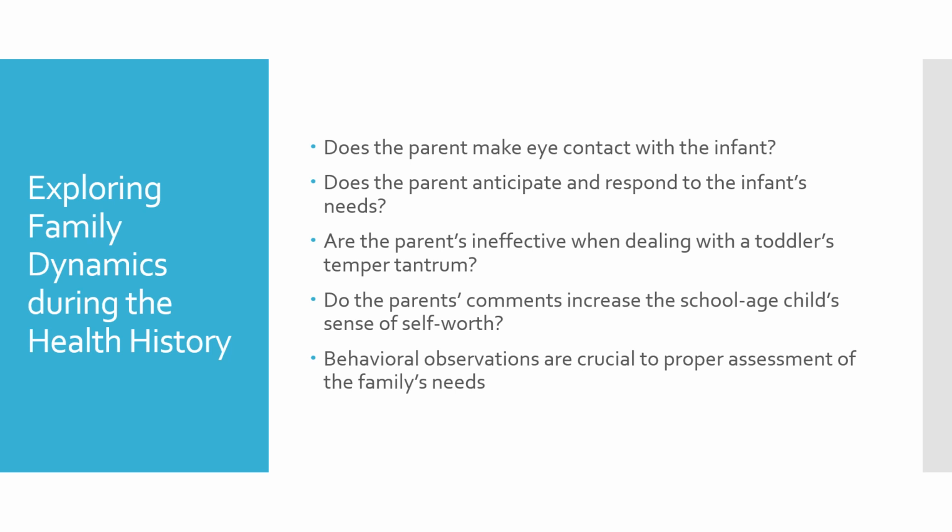So we know that temper tantrums are typical ways for toddlers to deal with struggles that they just don't know how to handle. So how are the parents effectively or ineffectively dealing with those? Are they giving simple choices? Are they using distraction? Are they calm and positive, maybe not giving in to some of that temper tantrum?